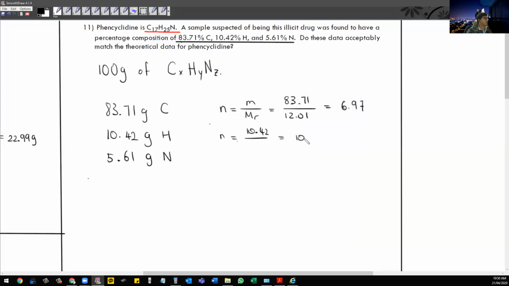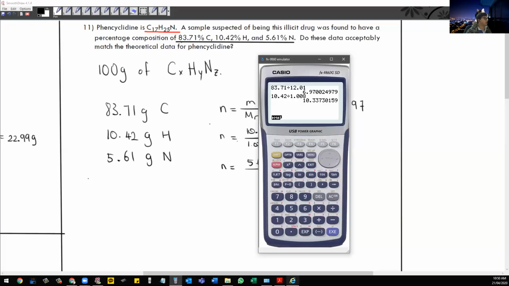So that's 10.42 divided by 1.008. Then 5.61 gram divided by nitrogen. Let's take a look.